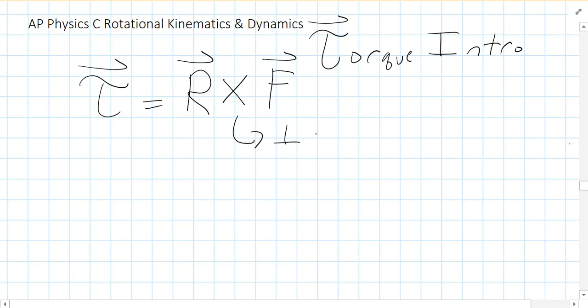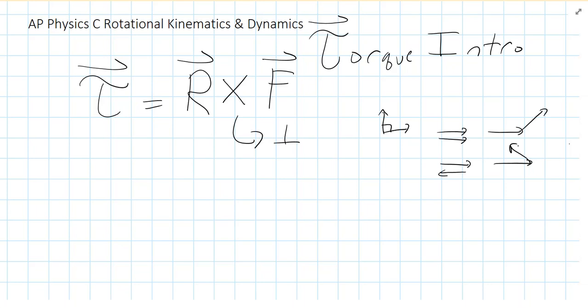If two vectors are perfectly perpendicular like this, then they have the maximum cross product, and you would literally just multiply their magnitudes together. If the vectors go like this or like this, no part of one is perpendicular to the other, so those cross products would be zero. And then of course you might have something in between, like this or like this, where one vector has part of it perpendicular to the other.